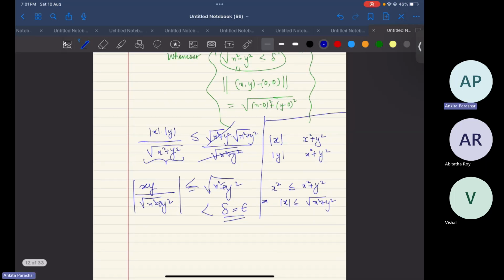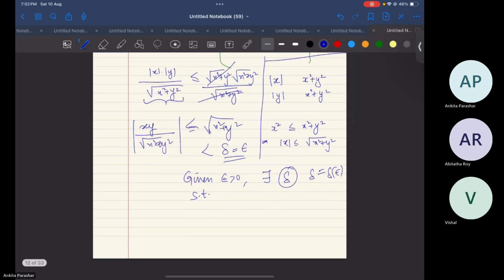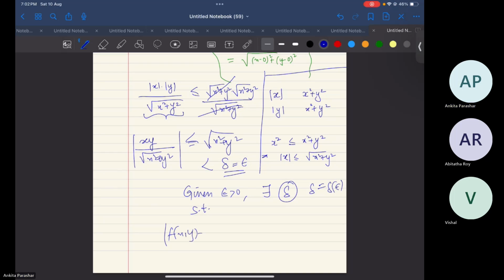So I say, given epsilon positive, there exists a delta depending on epsilon such that the function value is less than epsilon whenever the norm of (x, y) minus (0, 0) is less than delta.